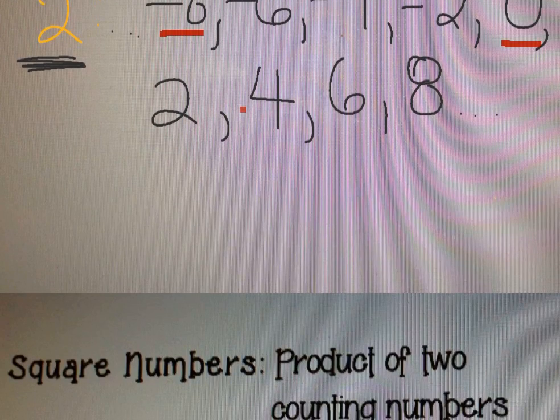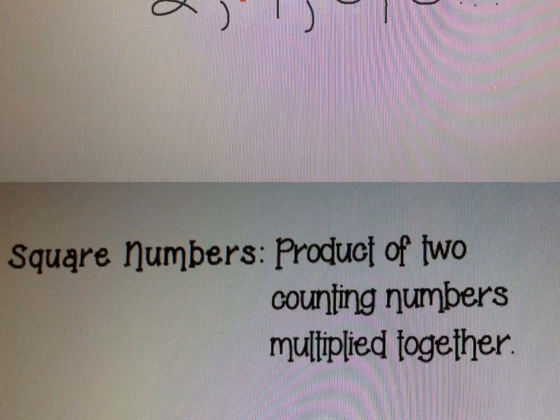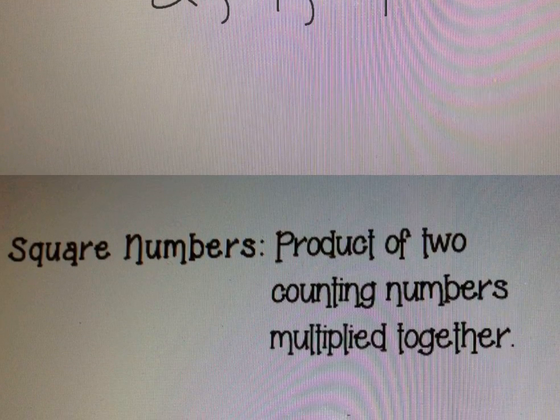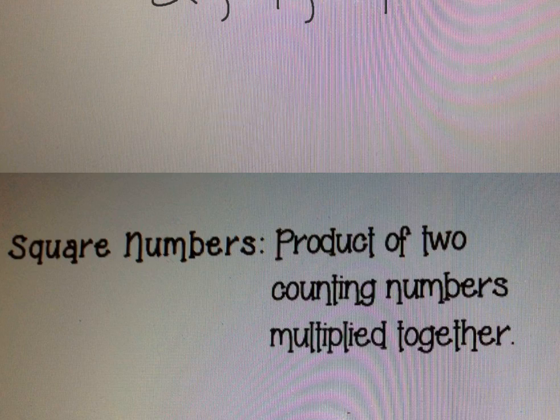And the next term we're going to go over is square numbers. Square numbers are the product of two counting numbers multiplied together. So that's any number, can be negative because counting numbers can be negative, multiplied together.